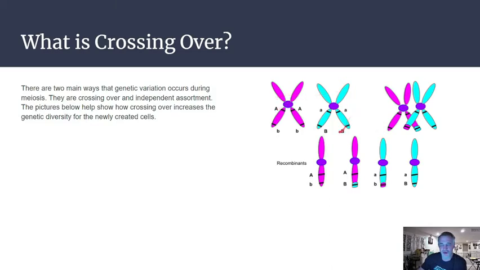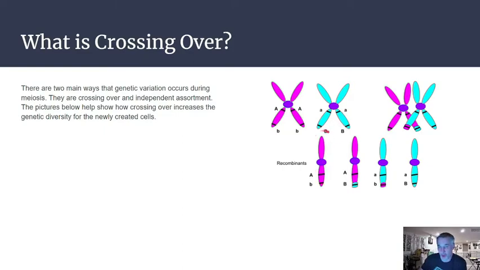When these chromosomes are in prophase, these are basically exact copies of one another. They're clones of one another, right? But when they line up, okay, when they line up during prophase 1, little bits of this information cross over. So the tip of this chromosome will swap spots with the tip of this chromosome, and we end up with 4 possible chromosomes or sister chromatids that can be divided into 4 cells.